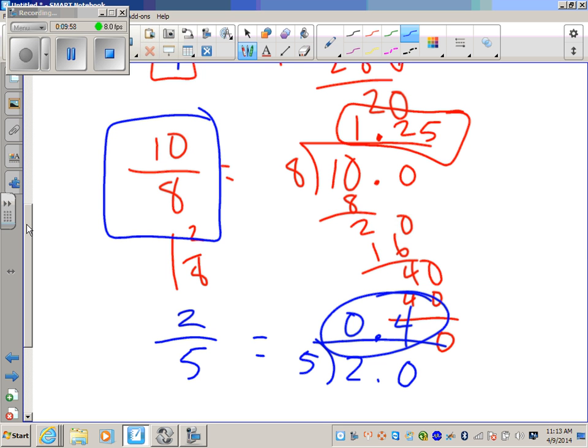Is that less than 1? No. You know why it doesn't matter? Because you're always going to put what number on the outside? The bottom number. Bottom. Okay?